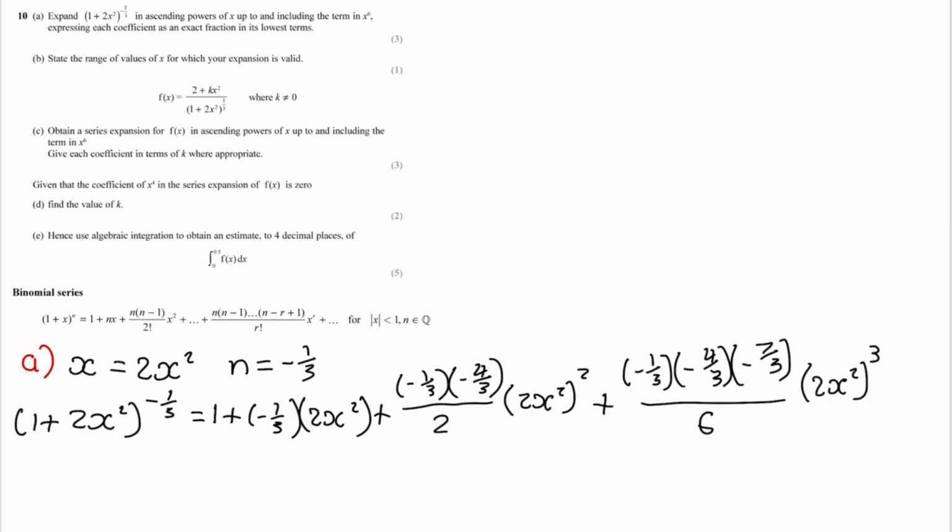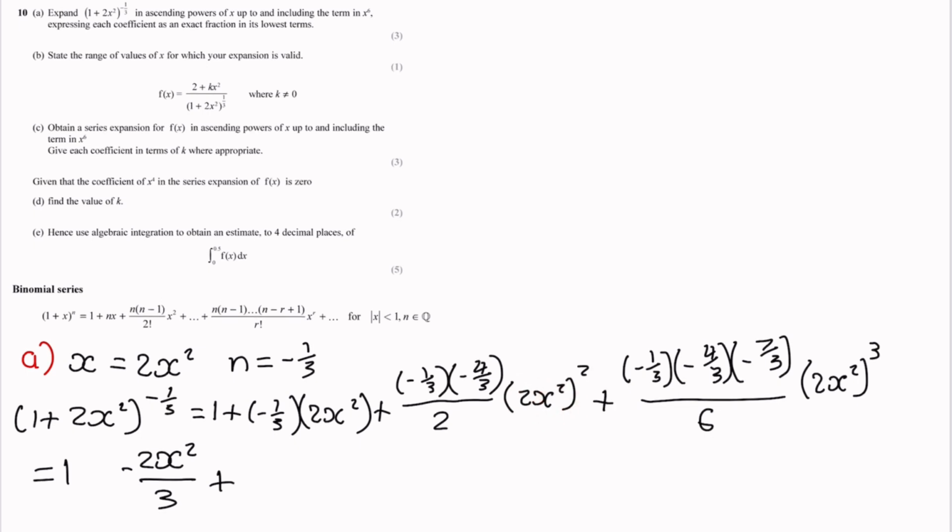Now if we simplify this, 1 plus minus a third times 2x squared will give us minus 2x squared over 3. And the next term, if we simplify, so we multiply the fractions on top over 2, and be careful to square the 2, which will become 4, and square the x squared, which will become x to the power of 4.